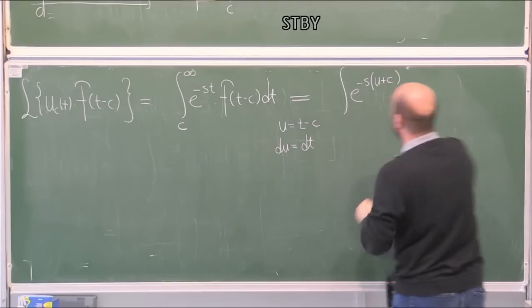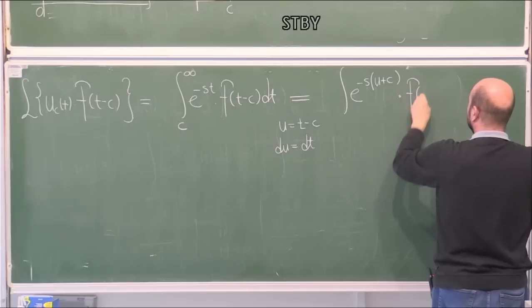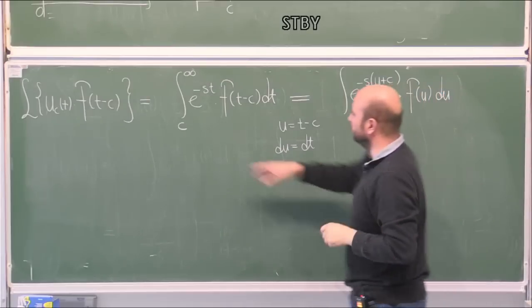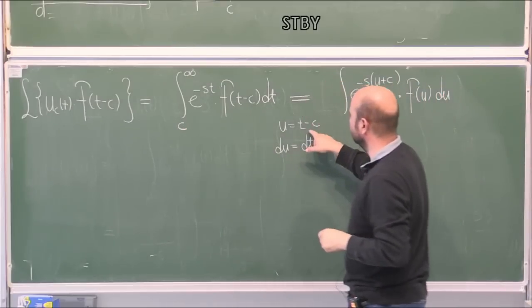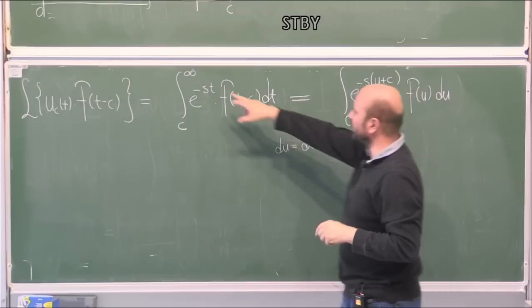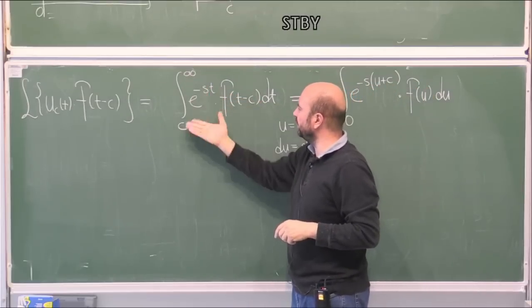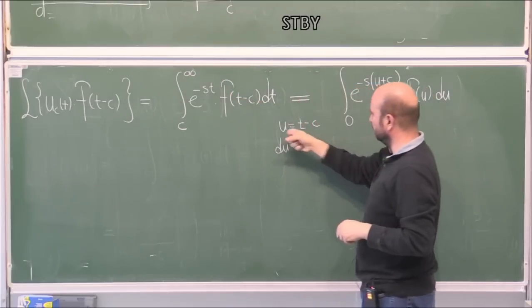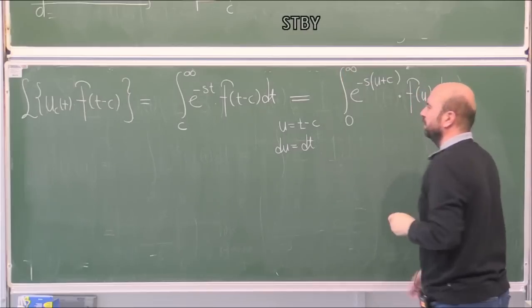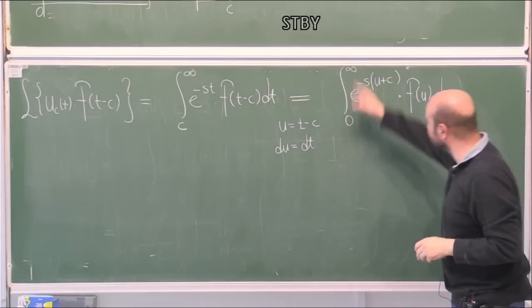And we have f of u du. Now, if you look at the lower bound, c minus c is 0. What happens for infinity? As t goes to infinity, u will also go to infinity. So it's from 0 to infinity.